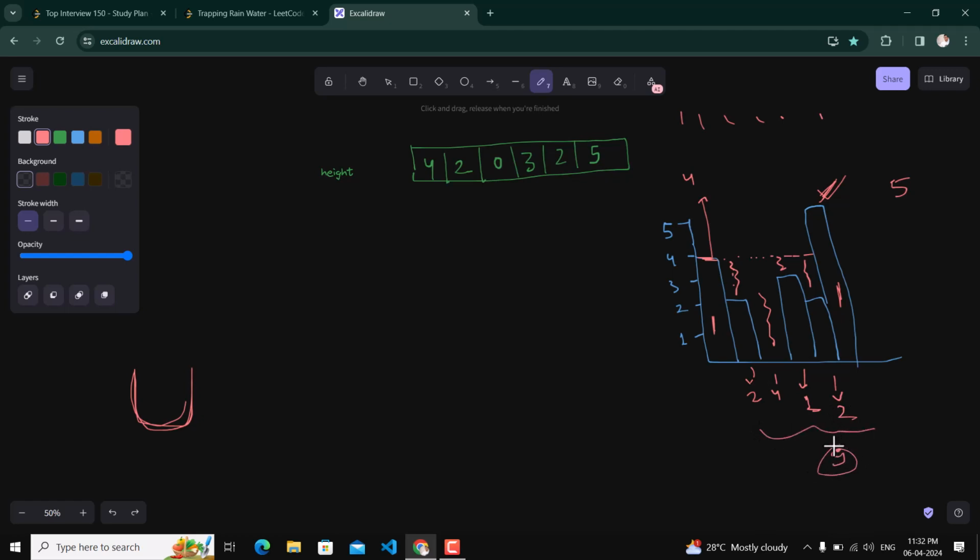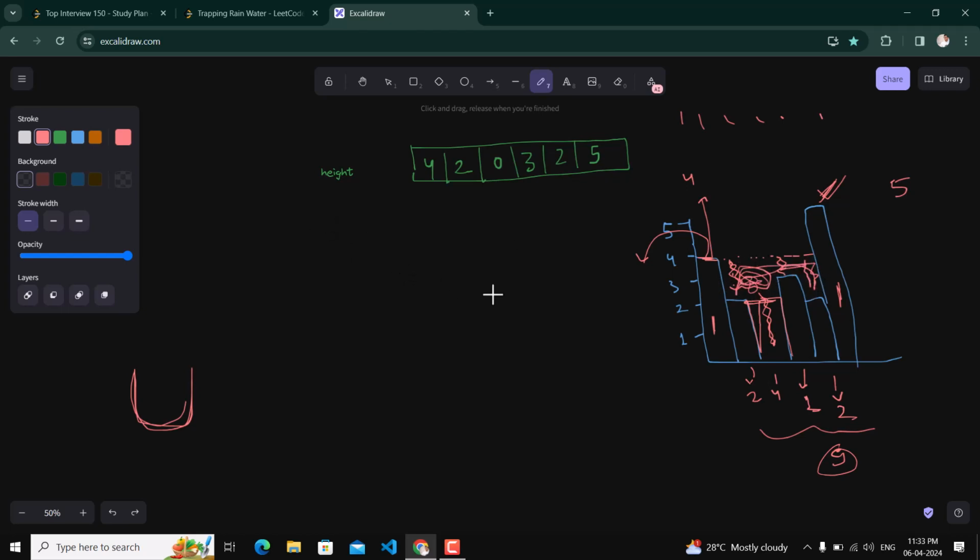So in this way, we are having a space between the bars. First of all we check whether we have a container, or a bar of the same height, or a different height, or a bar greater than the current height. If this bar were also of the same height, this area would have been our main focus where water can accumulate.